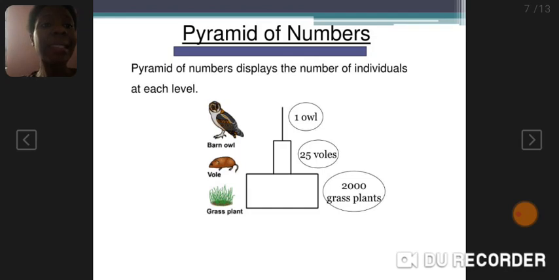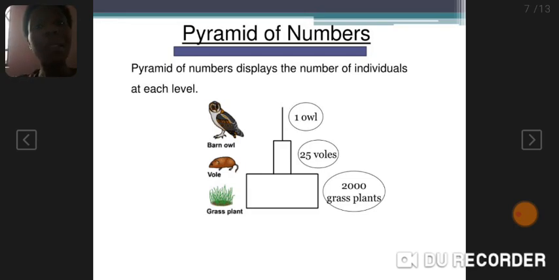And it has been found out that there are 25 voles. If you count a unit area of the total land area, you have 25 voles as the total number of the primary consumers in that ecosystem.